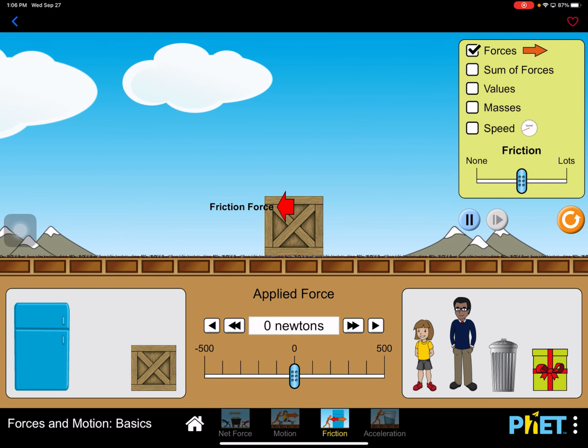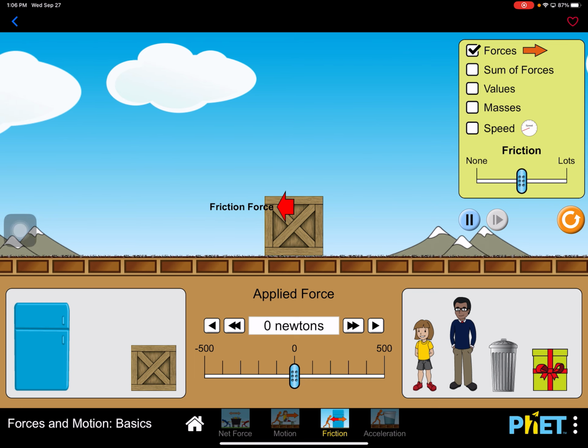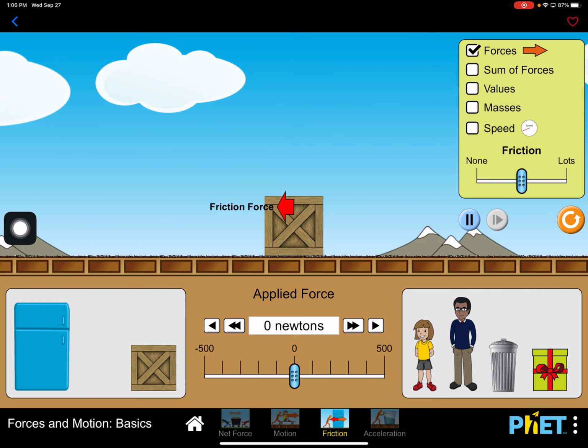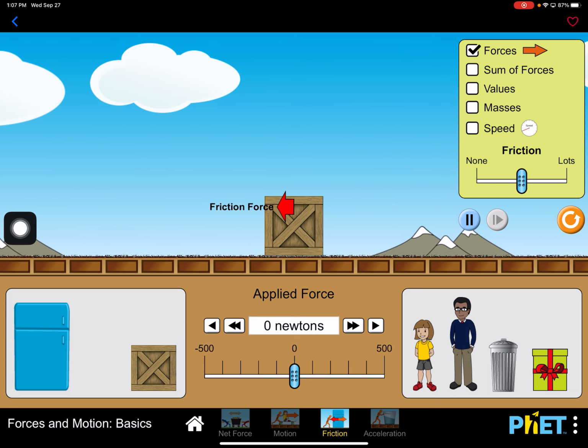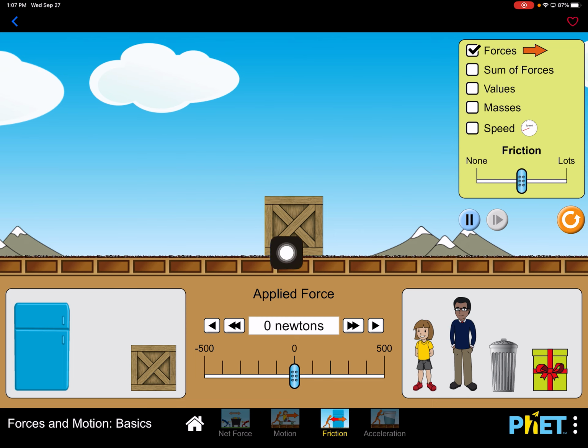Between these two objects, can you think of any way to increase the friction force? The friction force depends on the two surfaces that are in contact. Increase the surface area? Well, you're not changing the surface properties. Would it be adding more weight?